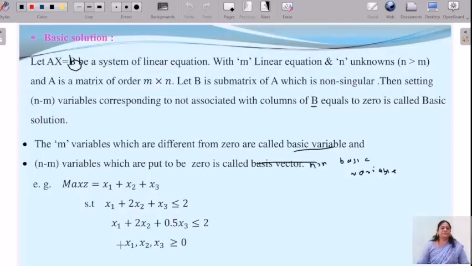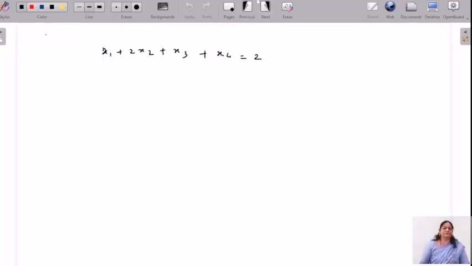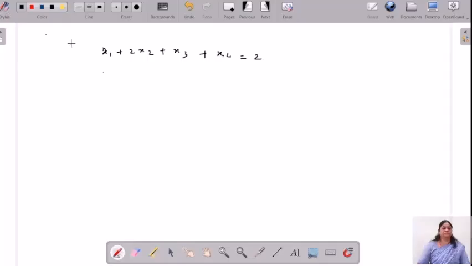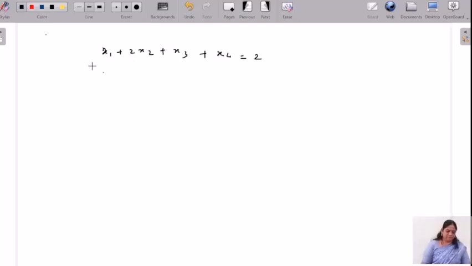Another constraint is x1 plus x2 plus 0.5x3.